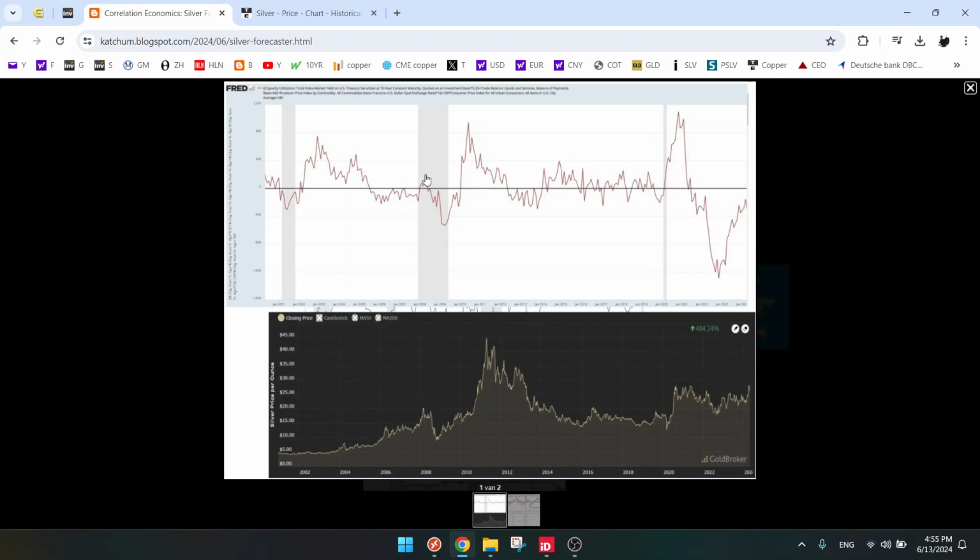So that's this rise, and then we have a big dip here. The silver forecaster index shot up somewhere in 2009. So it was a leading indicator, and then a year later, silver shoots up. Then it retraces a bit, so this retraces as well.